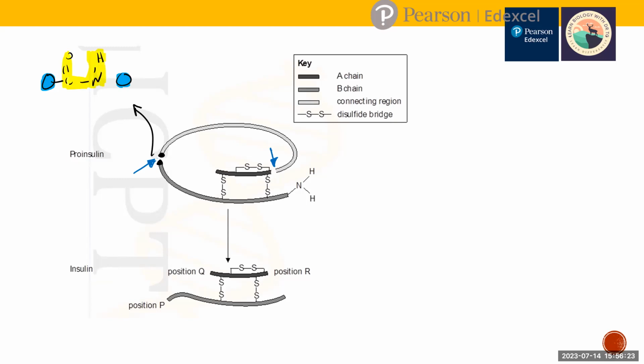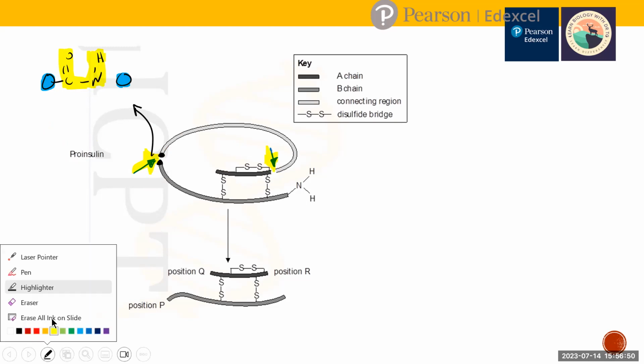So in the protein revision lesson, I also mentioned the formation of a peptide bond is called a condensation reaction. Breaking of a peptide bond is called a hydrolysis reaction. So at this end, the peptide bond is broken down by enzyme, and here the same thing is happening.